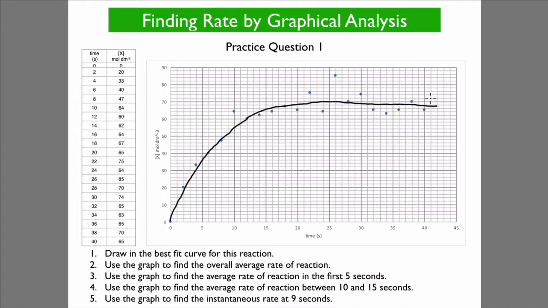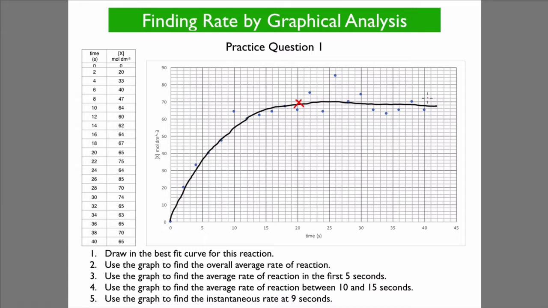Question 2, use the graph to find the overall average rate of reaction. So first of all, we need to find where we think this reaction is ending. Where is it flattening out? Where's the concentration not changing anymore? And I'd say it was probably around here. Around about 20 seconds, you can see it starts just getting flat. And if I had used a ruler, it would have stayed exactly on this line at 70.